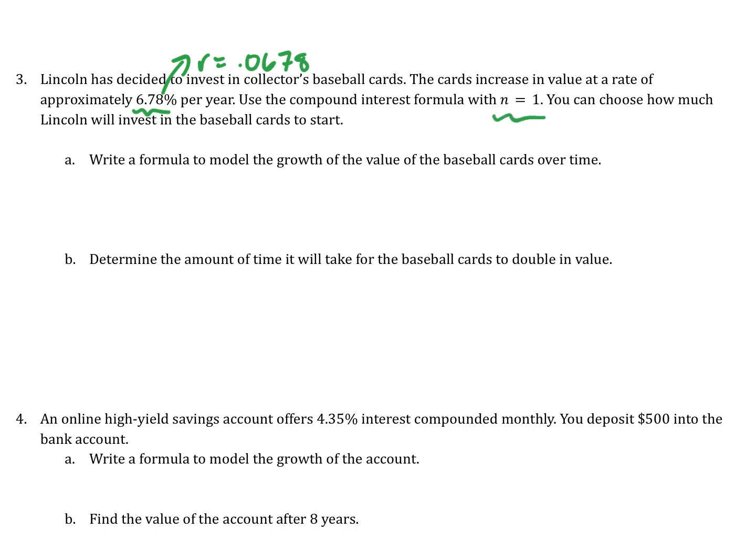We're going to use the same formula for any compound interest problem, it's just we're using n equals 1. So we're going to use A equals P times 1 plus r over n to the nt. We put 1 in for n. If n is 1 in both places, they go away. It doesn't change the value of anything.